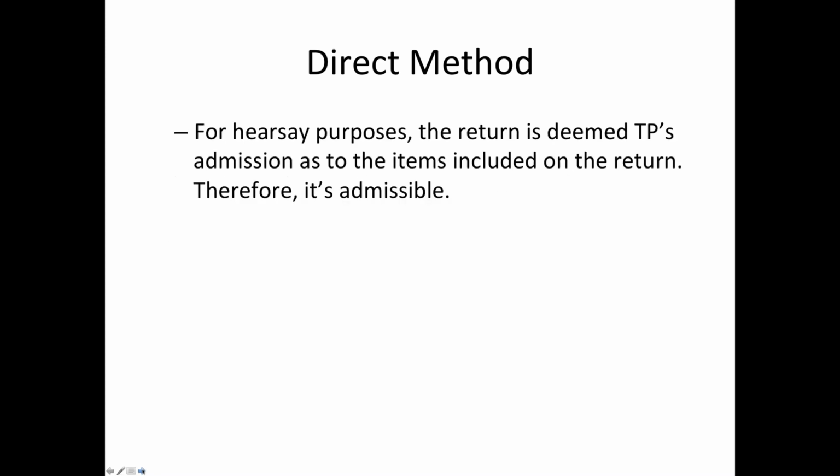For those interested in knowing why or how it's admissible, I understand why you would ask yourself that question, because in evidence, we are always taught that every piece of tangible evidence is inadmissible unless you can point to a rule that makes it admissible.